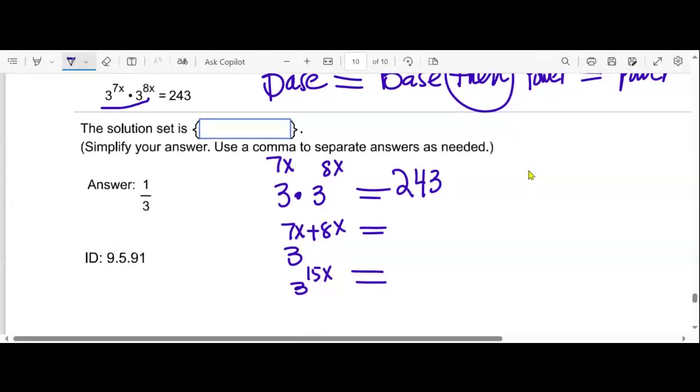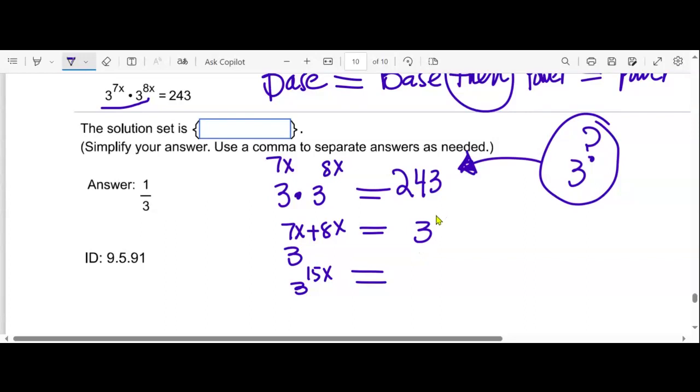Now, how much is the other side? 243. To what power is 243? 3 to what power? I guess 11. Do it on the calculator.